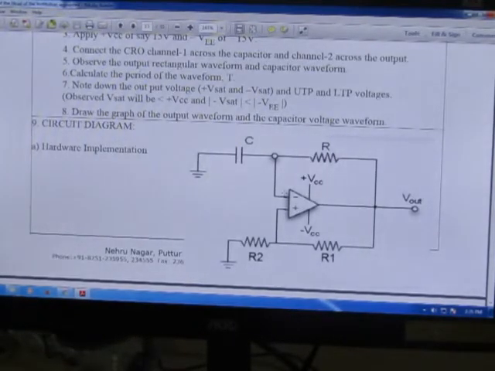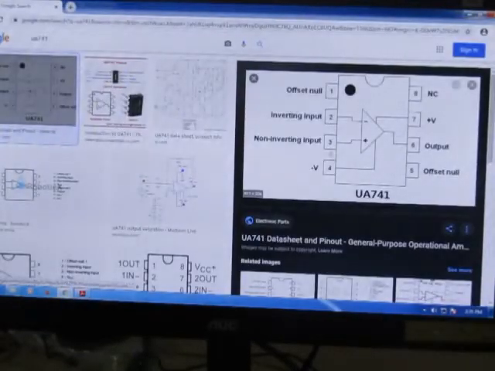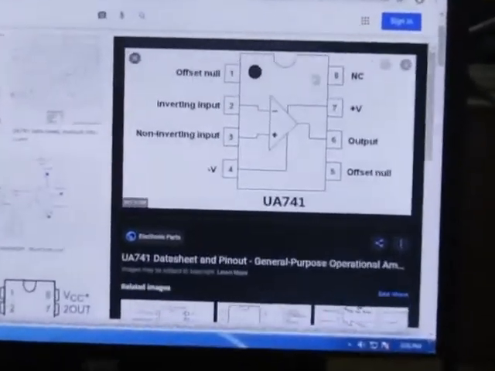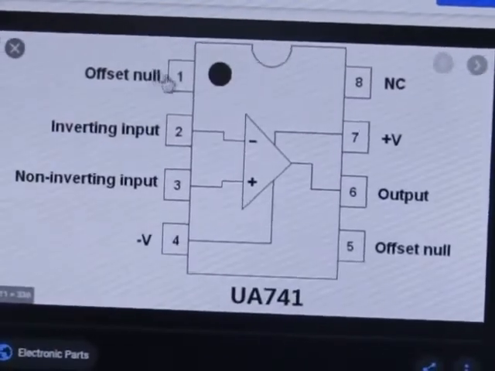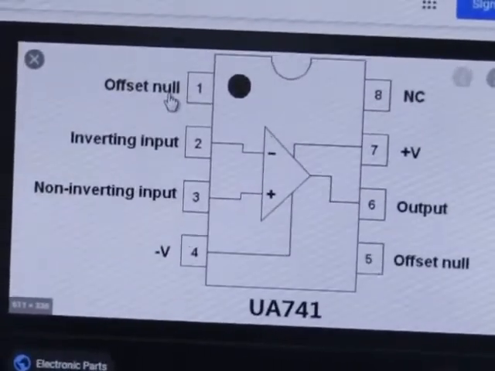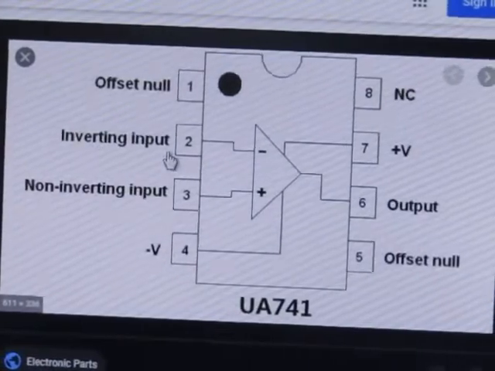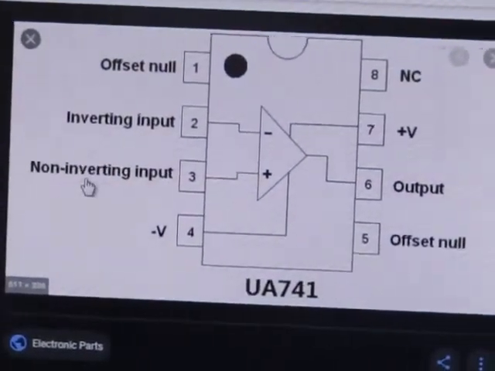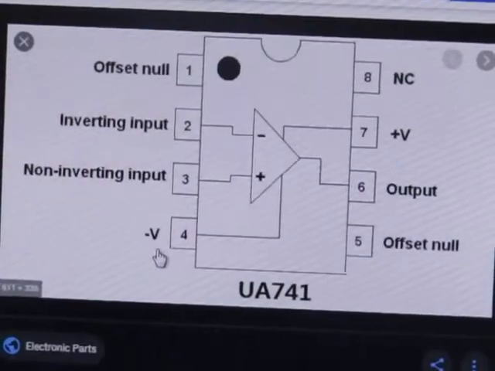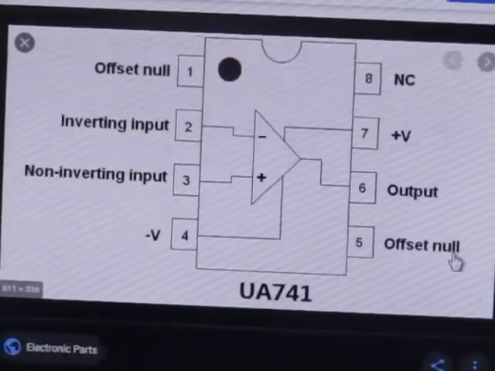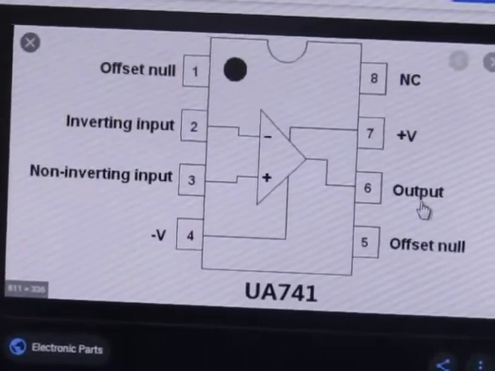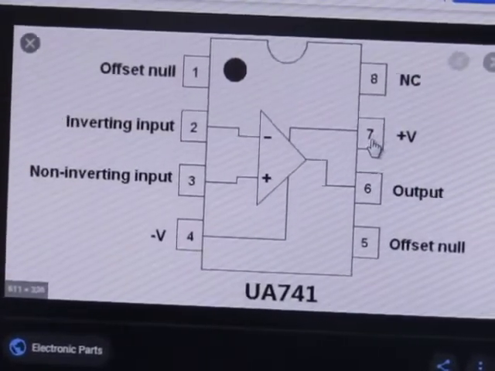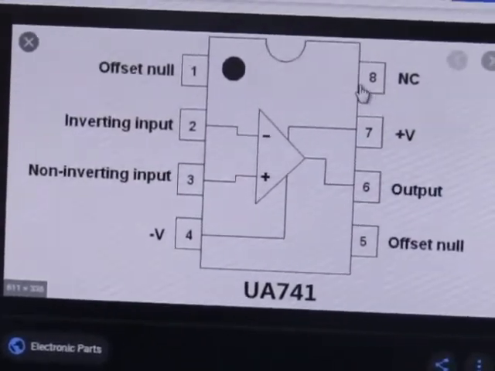In this figure you can see the IC Micro A741, which is an 8-pin IC in which pin number 1 is offset null, meaning it is not connected, then 2 is the inverting input, 3 is the non-inverting input, 4 is minus VCC, 5 is offset null, also not connected, then pin number 6 is the output to get the square waveform, and pin number 7 is plus VCC, whereas pin number 8 is not connected.